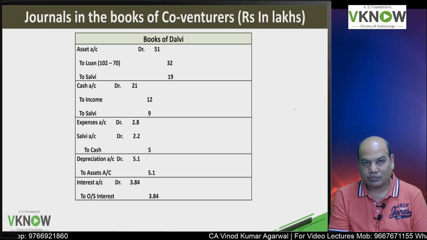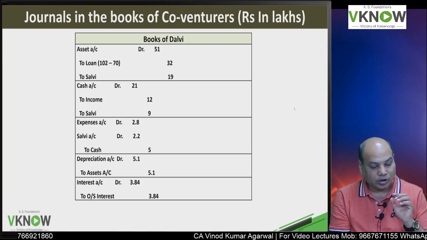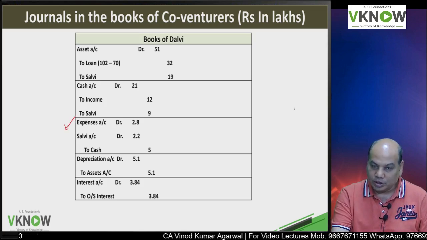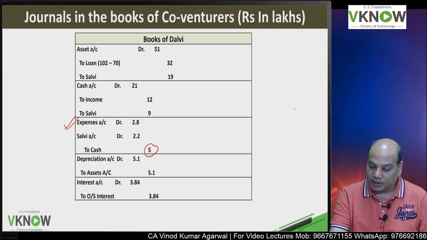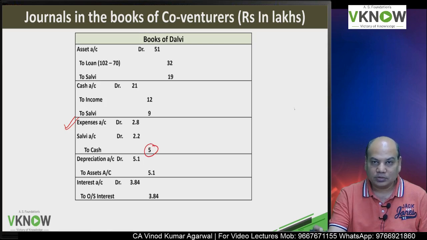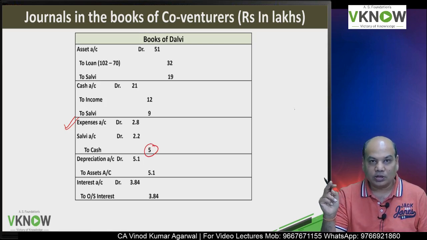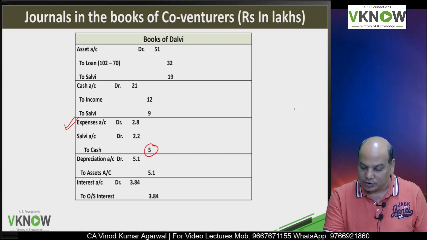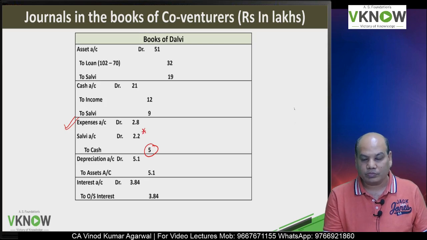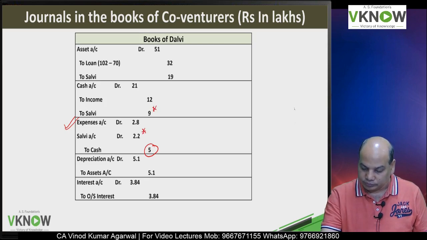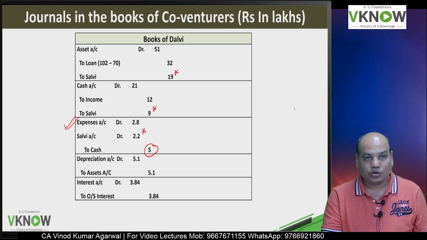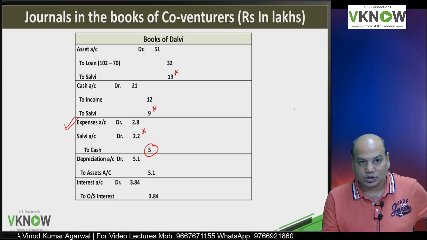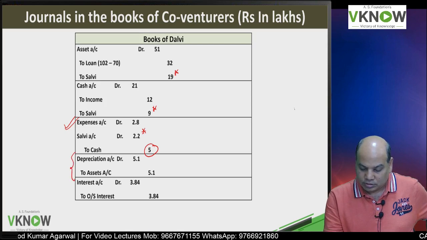Third entry, their share of expense is 2.8, but they have paid 5 from their pocket. Expense account debit 2.8, Salvi Limited account debit balancing figure 2.2, to cash or bank 5. Share of expense recorded.